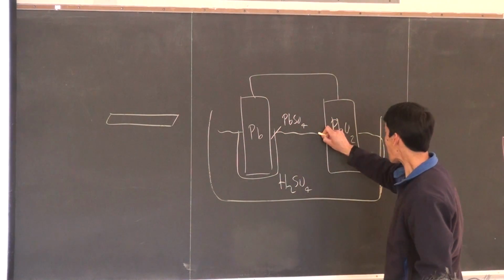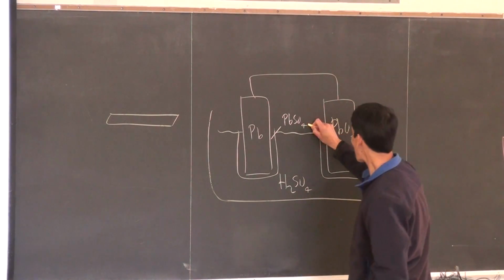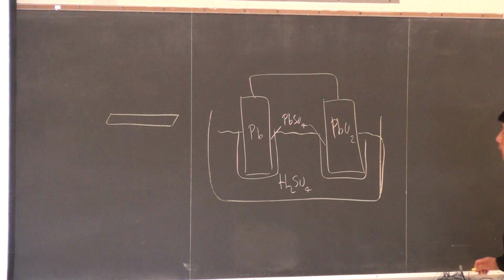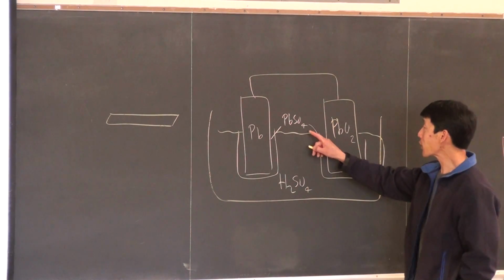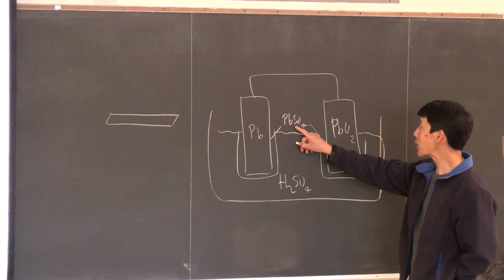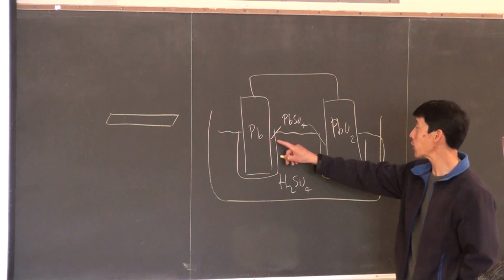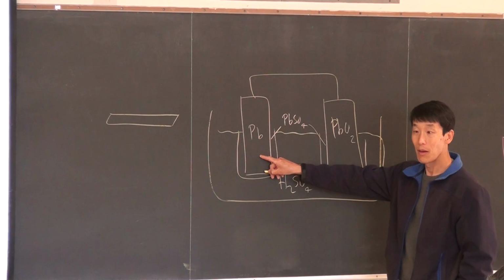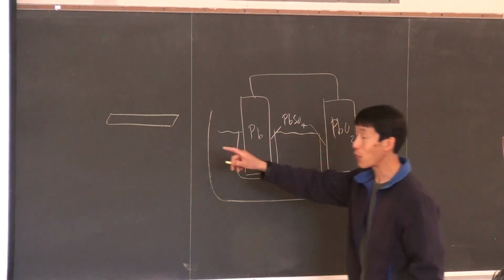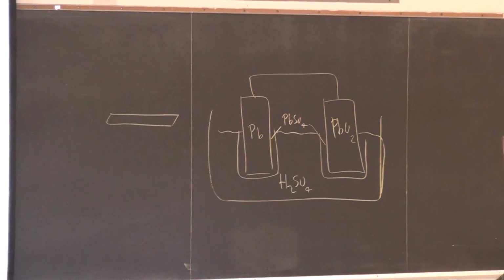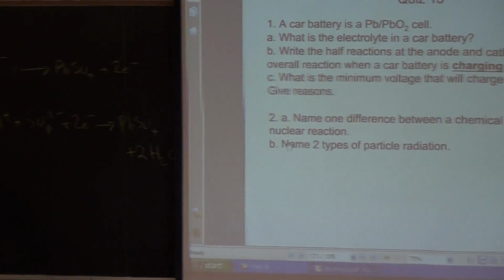And when the lead oxide is being reduced, lead sulfate is being formed on the surface of the lead oxide. So when the reaction occurs in the reverse direction, the lead sulfate turns into lead oxide, or the lead sulfate turns into lead. Okay, so these two reactions are shown in the discharging direction.